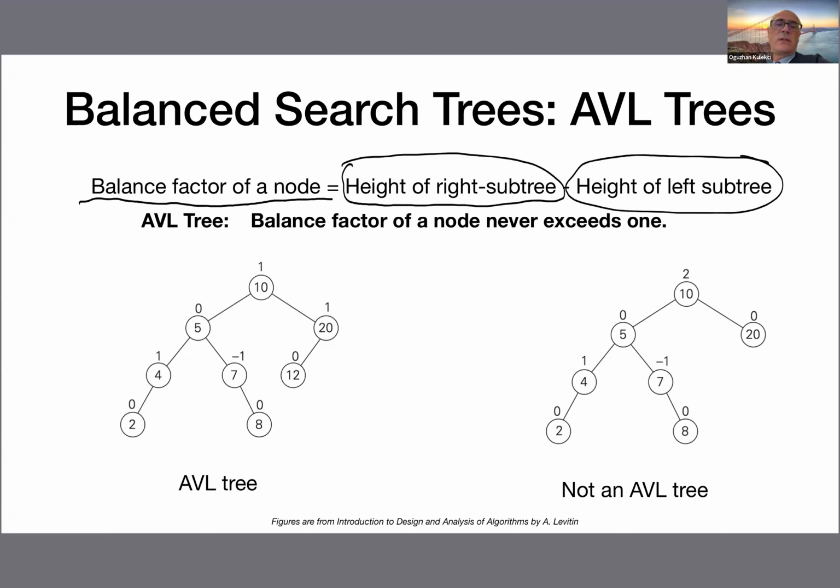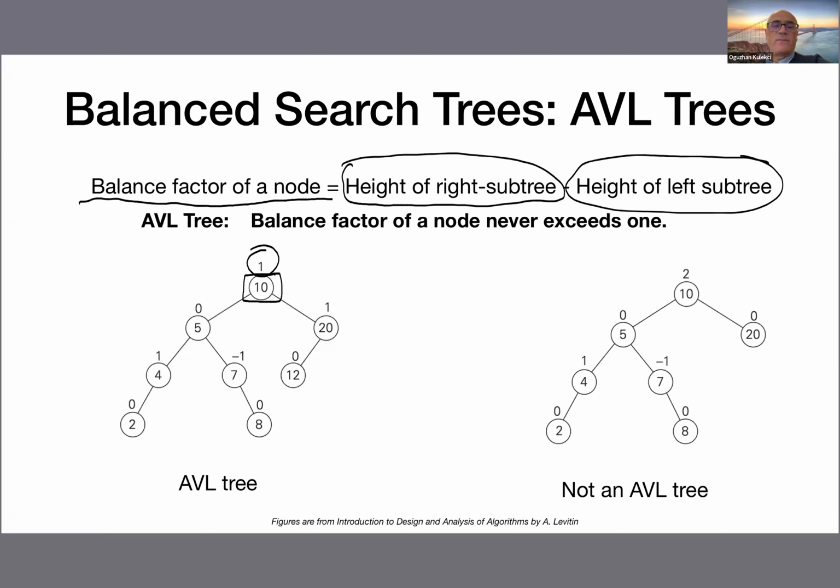For instance, this is a node in the binary search tree. What is the height of its left subtree, and what is the height of its right subtree? The difference defines its balance.